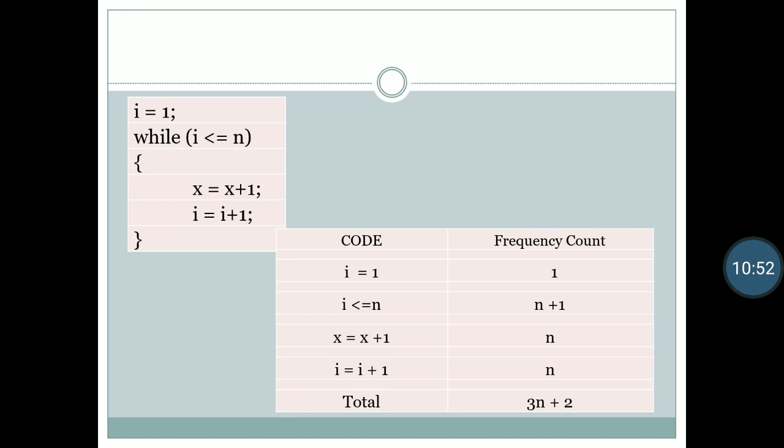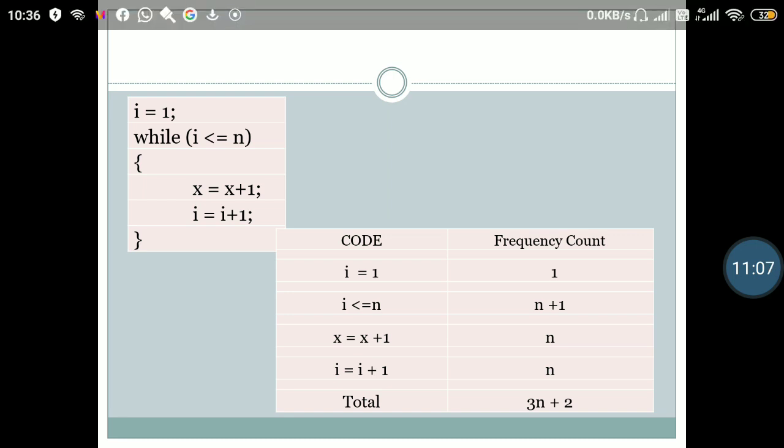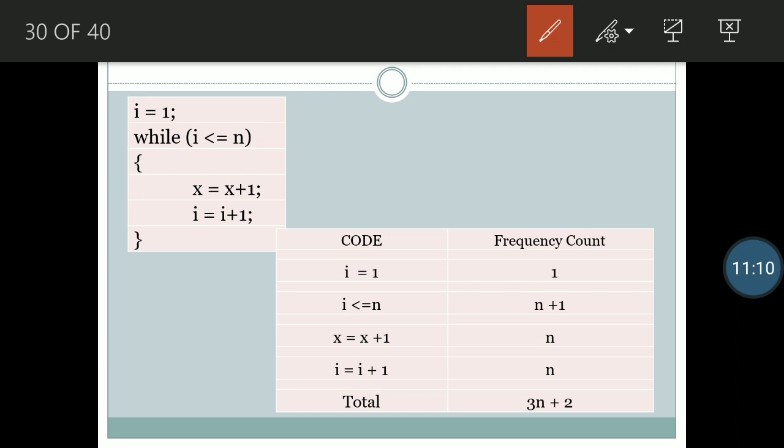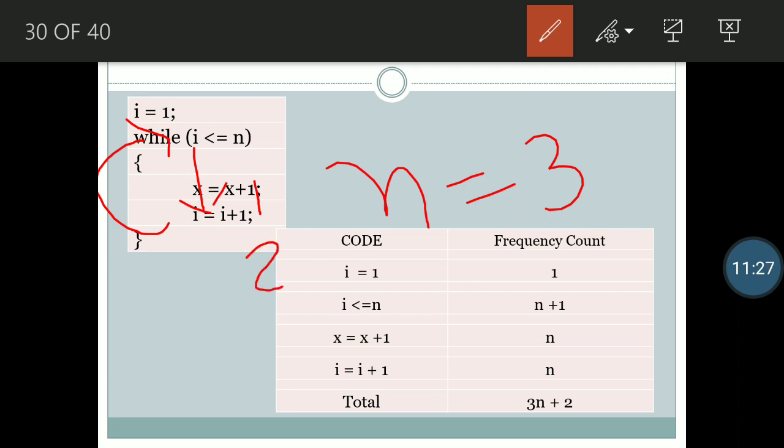Then while i less than or equal to n, this line will be executed n plus 1 times in this program. Means if we have n is equal to 3, then for 3, the loop will be entered one time. The i plus plus value will become 2.